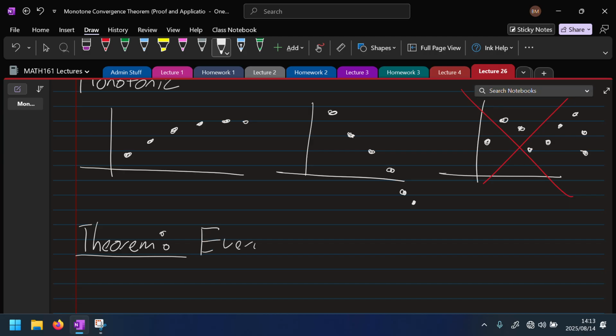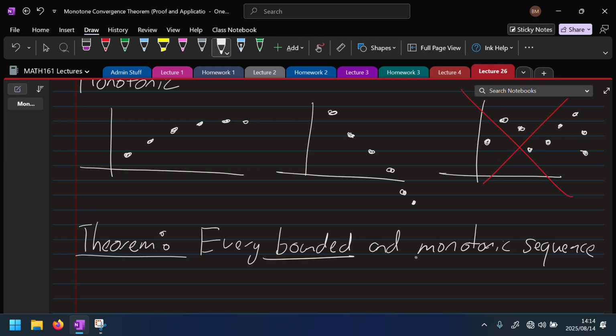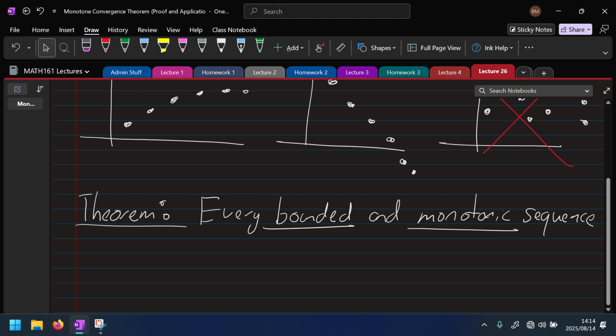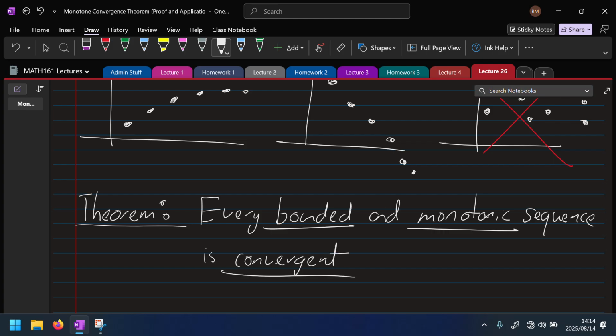Every bounded and monotonic sequence, so it must be bounded, it must be monotonic, is convergent. Okay, so those are the three key words you need to know.